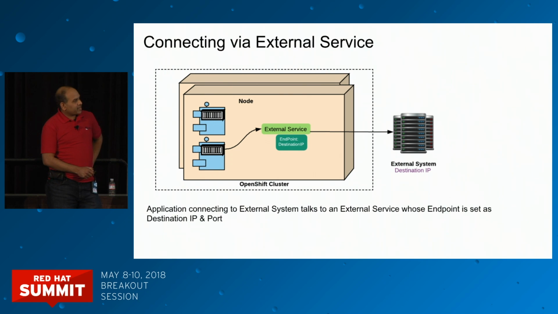So you manually create an endpoint behind the service. Usually the endpoints for a service are pods, right? Instead of a pod, you create your own endpoint, and that endpoint will point to the destination IP address, which is outside OpenShift. Now, you may have multiple applications that are trying to reach this external system. All they have to do is call this external service, and that will redirect it to the external system, right?